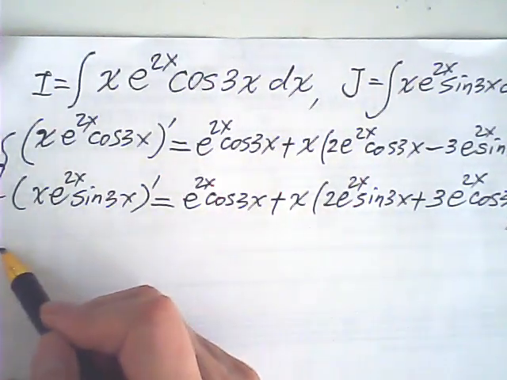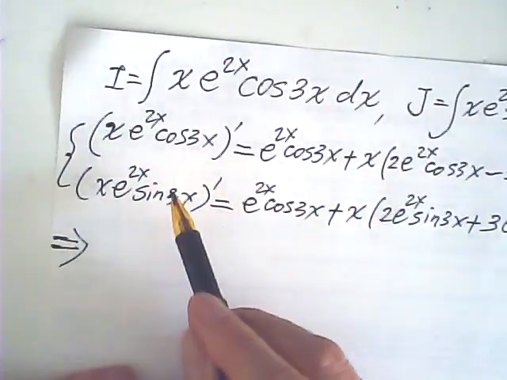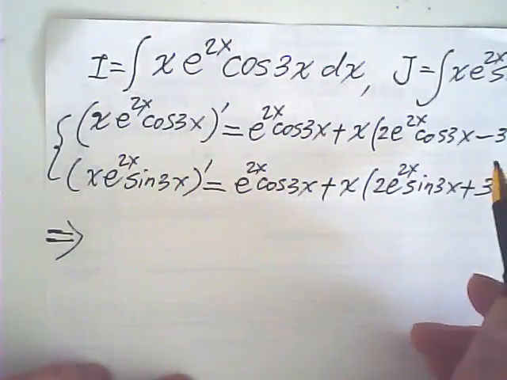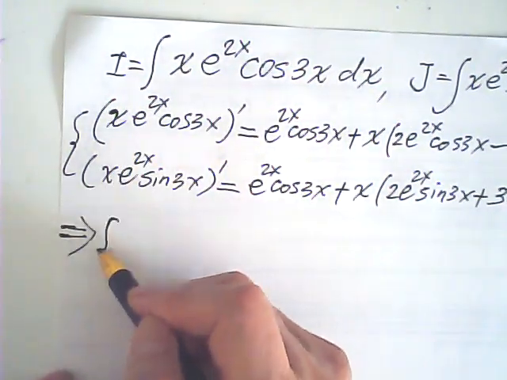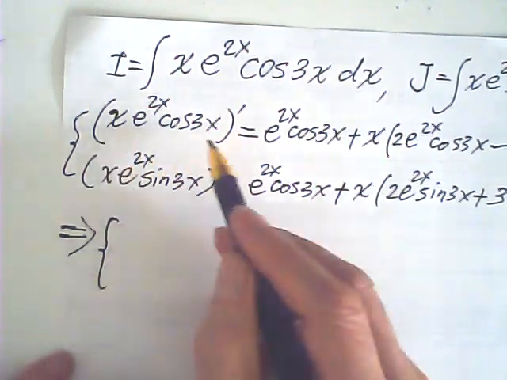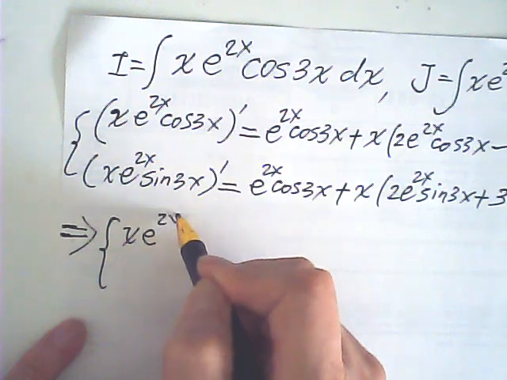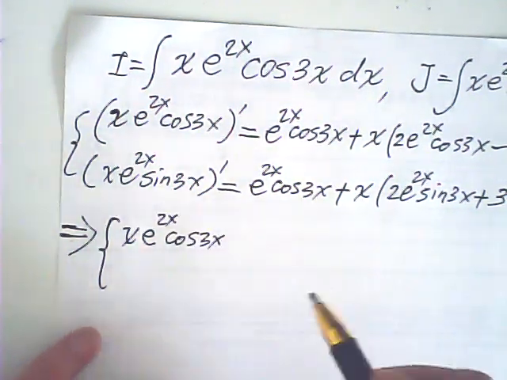Then we integrate both sides. Now we find the antiderivative of both sides. The first line, this antiderivative is x e to the 2x cosine 3x, right?